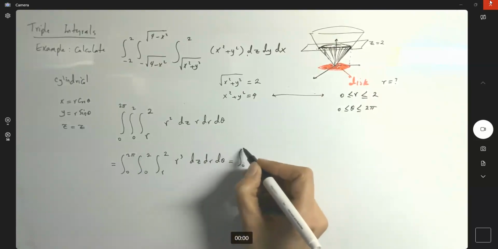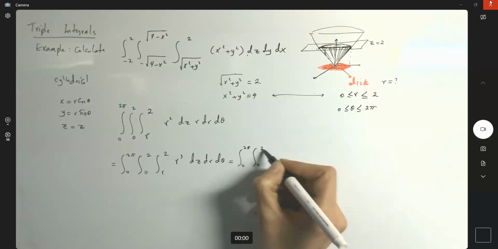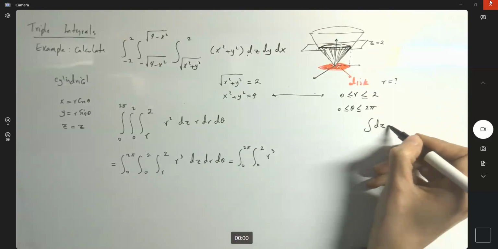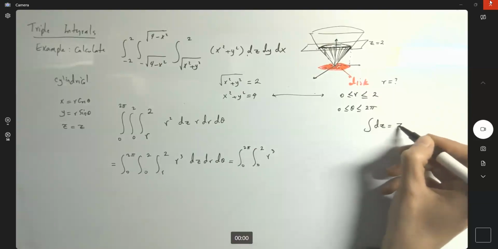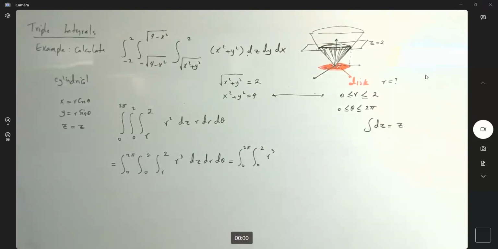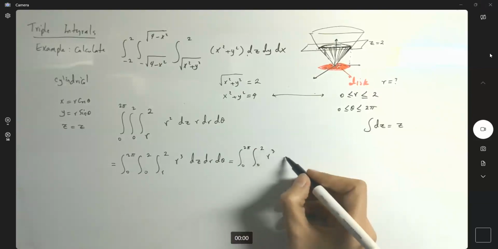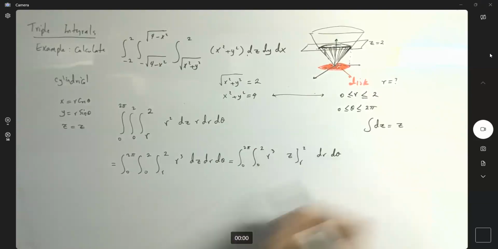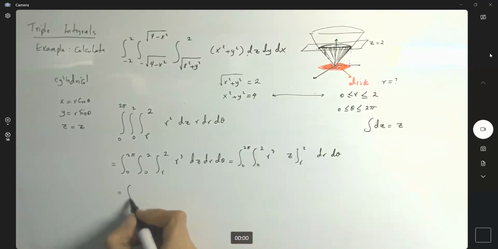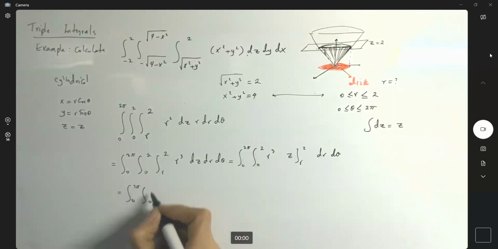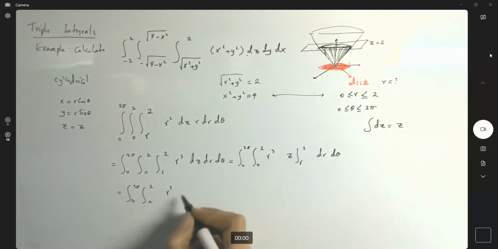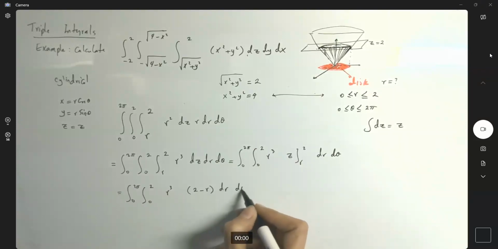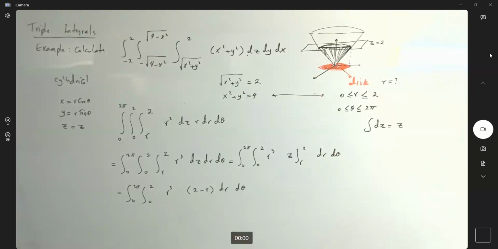This is the integral from 0 to 2 pi, the integral from 0 to 2, r cubed, and the integral of dz is z. We are not changing anything over here. So we get z, bounded between r and 2, dr, d theta. This becomes the integral from 0 to 2 pi, the integral from 0 to 2, r cubed times 2 minus r, dr, d theta. Very good.